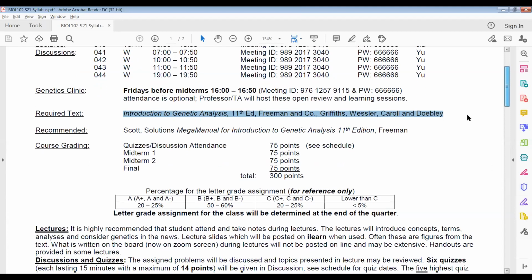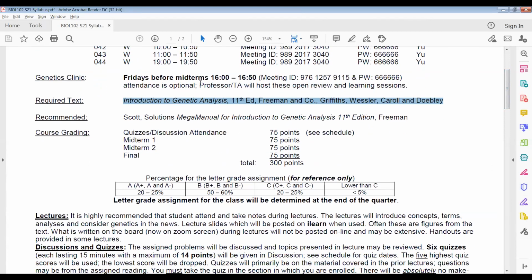All right, so let me check. Okay, the grade breakdown. Yes, of course. So some student asked the question about the breakdown.